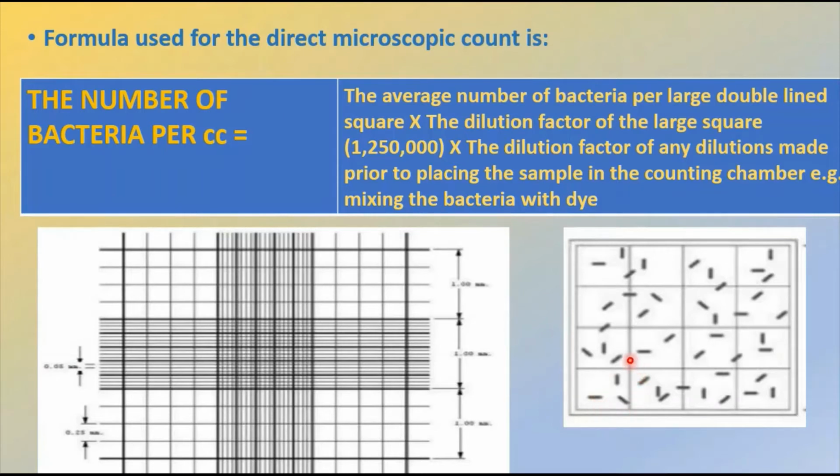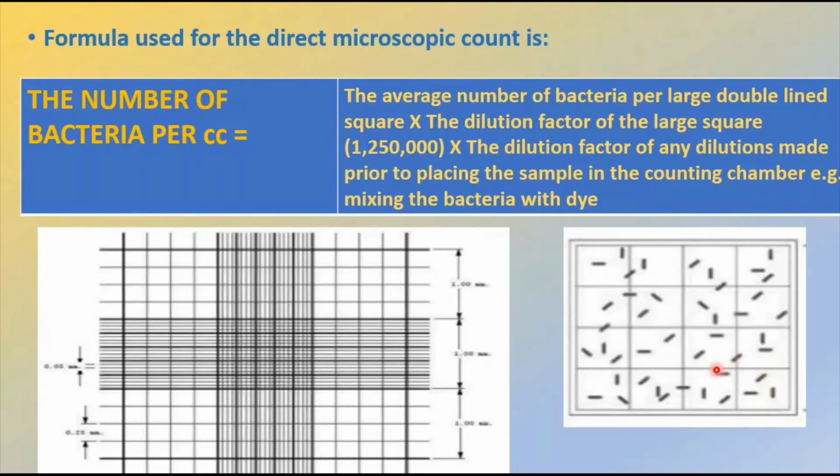That means you count 5 large double line squares, and that is divided by 5 to get the average number of bacteria per large square, and this number is then multiplied by 12,50,000, since the large square holds a volume of 1/12,50,000 cc.